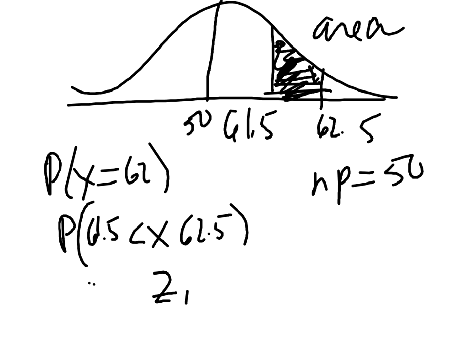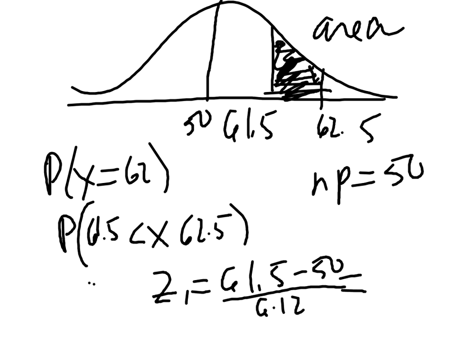So for our Z1, it would be 61.5 minus 50 over our standard deviation, which was 6.12. And that gave a z-value of 1.88. I'm just going to write the second one because we're really more interested in the application here. The second z-value turned out to be about 2.04.